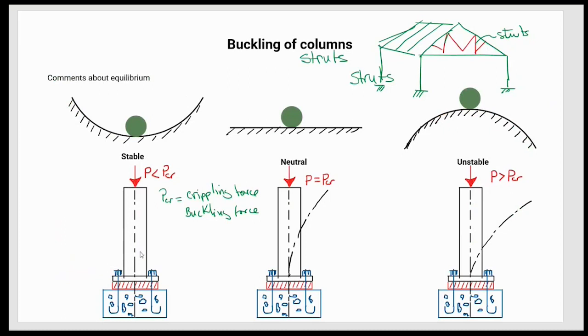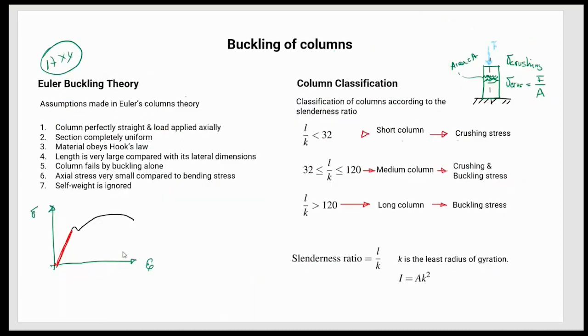But how much should it be? What's the ratio that determines everything? Even though it's not clear under the assumptions, we're going to see that it has a lot of relation to the slenderness ratio. And in a few slides, it's going to tell us, yes, you can use this theory for this column, or no, better you don't use it for this column.